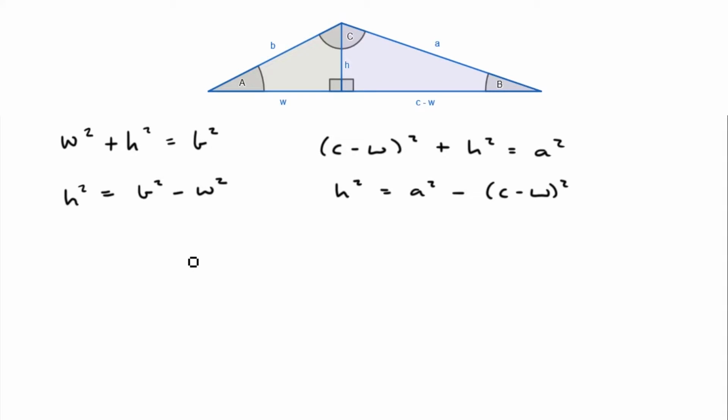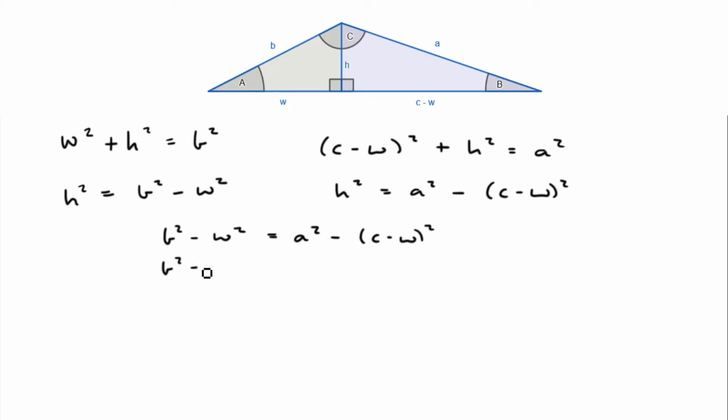So we have two different expressions for h squared which we can set equal to each other. So we have that b squared subtract w squared is the same thing as a squared subtract c minus w squared. Let's expand that bracket on the right hand side.